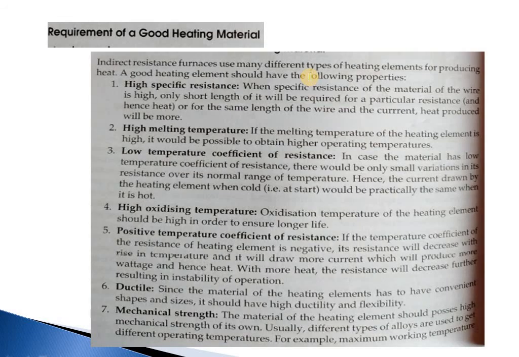Before that, we have to understand why good heating materials are required. Definitely, these seven points are essential for a good heating material: high specific resistance, high melting temperature, low temperature coefficient of resistance, high oxidizing temperature, positive temperature coefficient of resistance, ductility, and mechanical strength.